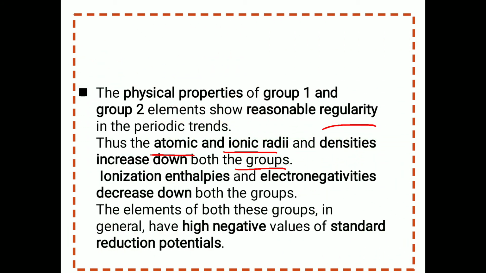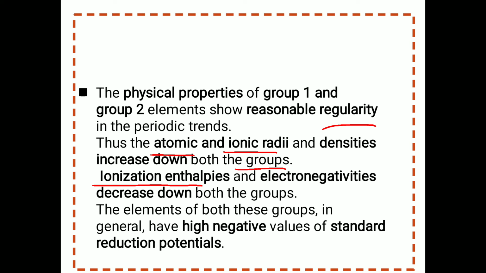Next are ionization enthalpy and electronegativity. They also decrease down both groups. First of all, let us see what is meant by ionization enthalpy. Ionization enthalpy is the energy required to remove an electron from an isolated gaseous atom in its ground state.